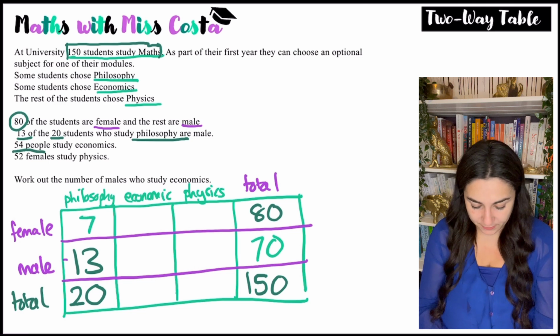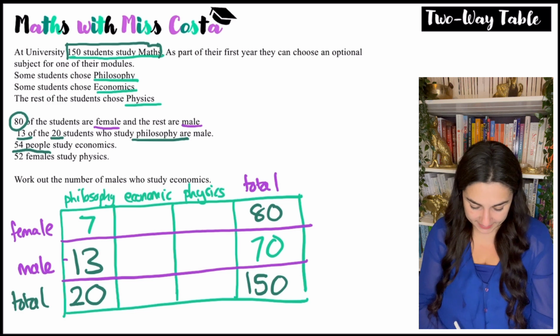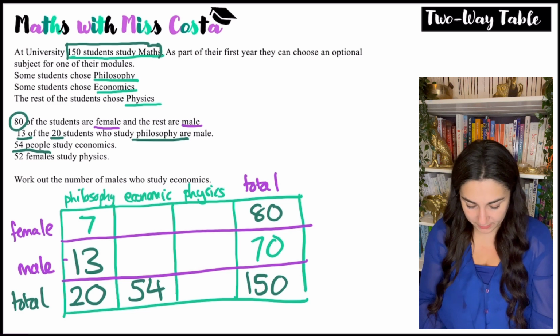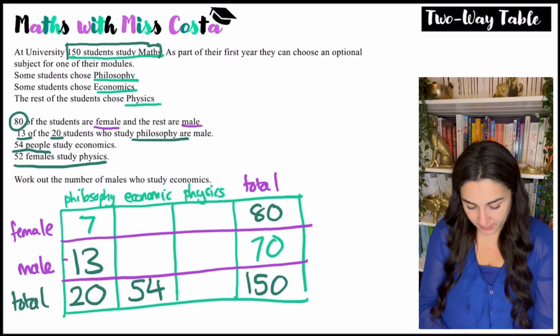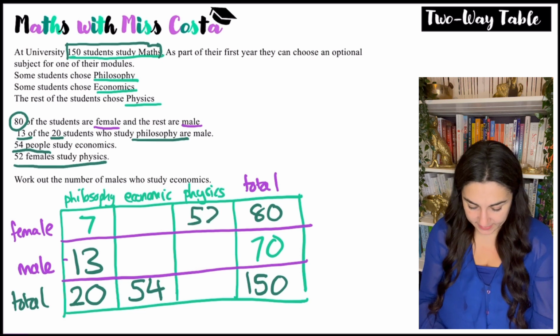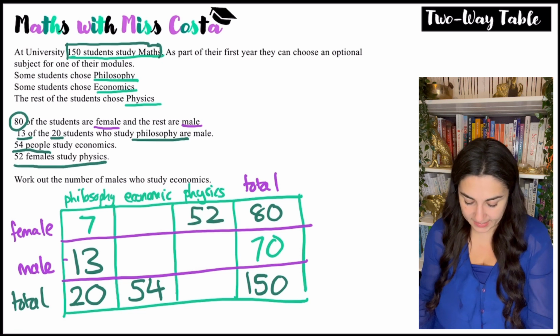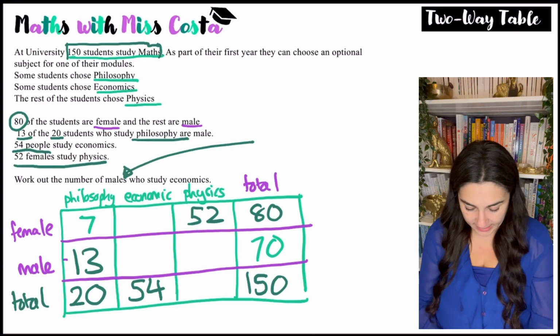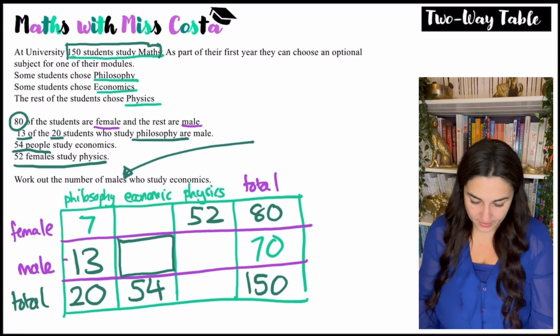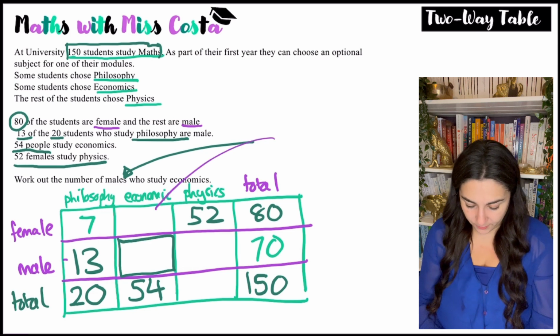And then the other piece of information is 54 people study economics. So over here, that would be 54. And 52 females study physics. So that's the information that I've been given here. Now I need to work out the number of males who study economics. So this is my target area here. So let's see what I can work out. Well, this is a little missing part.